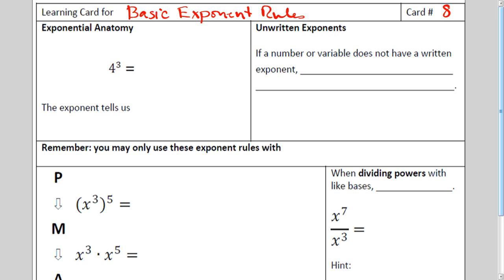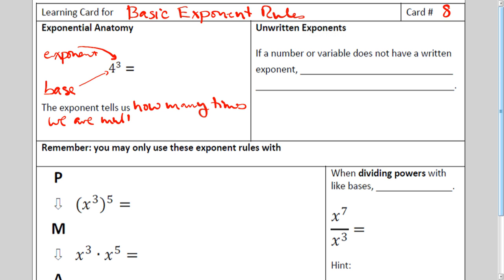Exponential anatomy. For exponential anatomy, remember we have down here our base, that's the big number. We have our exponent up here. And what the exponent tells us is how many times we are multiplying the base by itself.